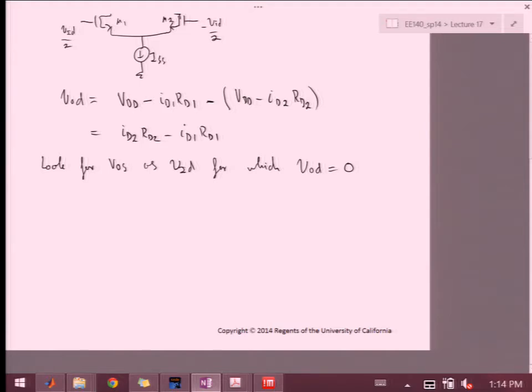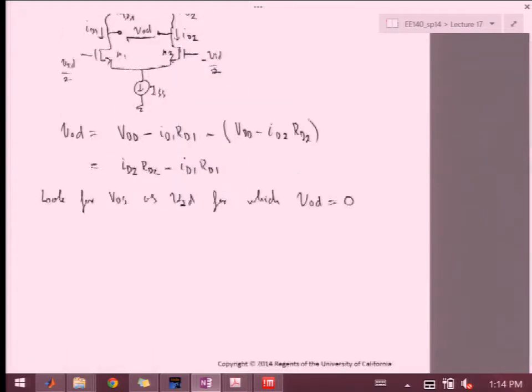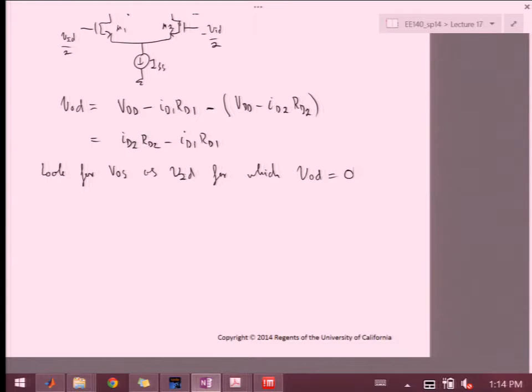So this is our goal: to figure out the input voltage that's required to make the output differential voltage equal 0, no matter what sizing or mismatch we have in the circuit. Applying this, we get the condition that ID1 RD1 has to be equal to ID2 RD2. So the ratio of currents is the opposite of the ratio of resistors. ID1 over ID2 is RD2 over RD1.